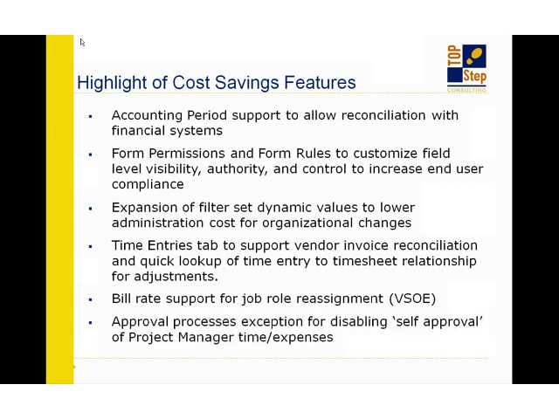And the last feature I'll throw out here, it's a minor change, but it's really something that's been probably bugging a few people before it was available, is approval processes and being able to have someone else approve your timesheet or your expense report other than yourself. Until this feature was available, whenever you were the project manager, you were probably named as the person who had to sign off on timesheets and expense reports.